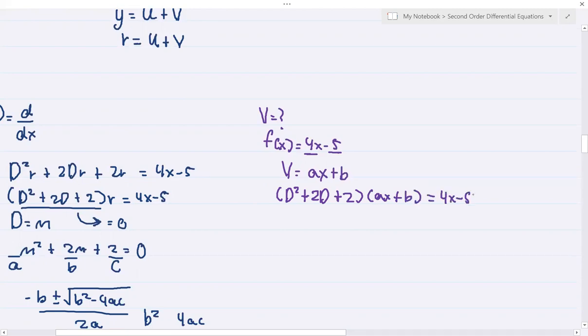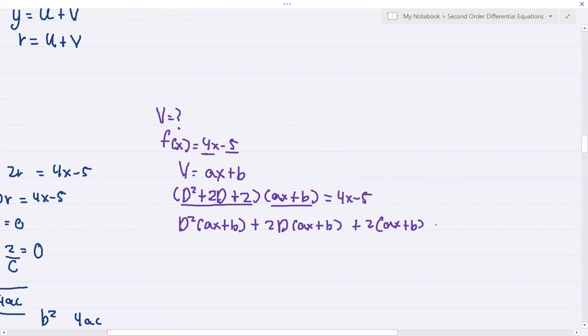So what we're going to do is distribute this operator to the terms in this expression. We will have D squared of ax plus b, plus 2 times D of ax plus b, plus 2 times the quantity ax plus b, is equal to 4x minus 5.